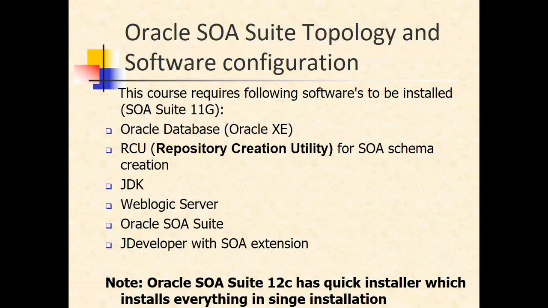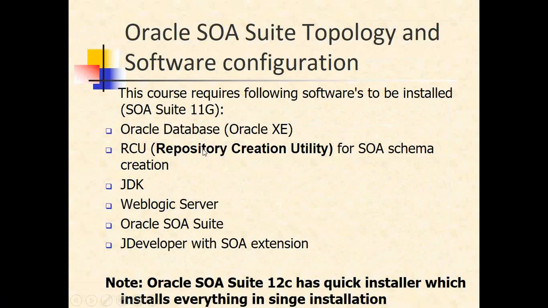Once the database is downloaded, then you need to install SOA schemas on the database. SOA schemas in the sense that we are using SOA, so SOA also needs some SOA related metadata. Yeah, metadata, correct. So there is a utility provided by Oracle, the repository creation utility.